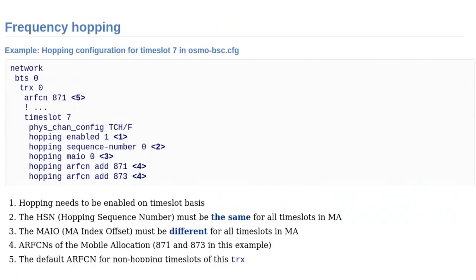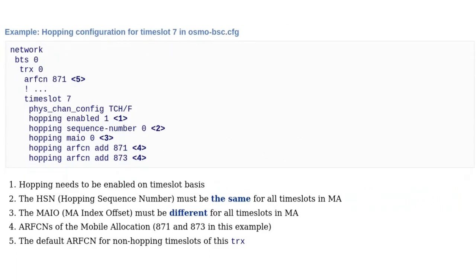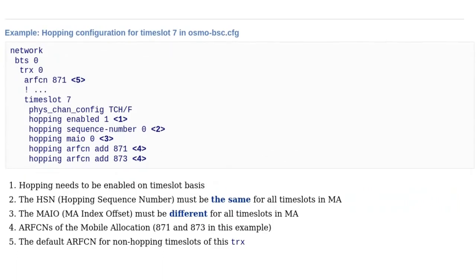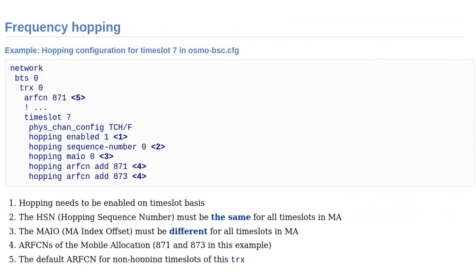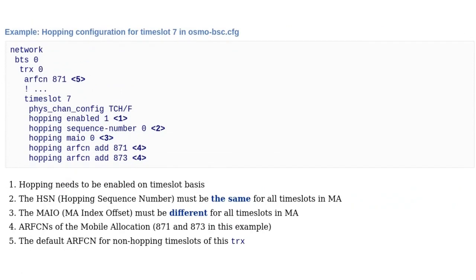And this is a configuration snippet that you can use in the BSC. You go to the TRX section where you have all your time slots, and in this example, hopping is configured for a single time slot 7.